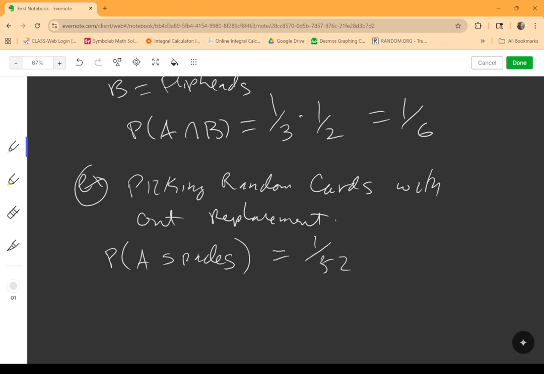That's always just one particular card here. Let's say the probability that you pick the four of clubs, that's also 1 out of 52.